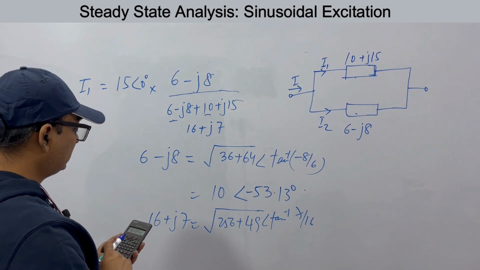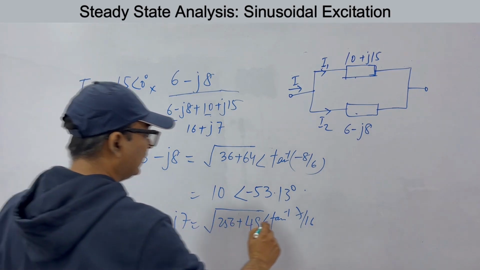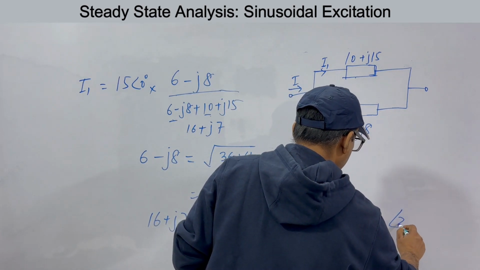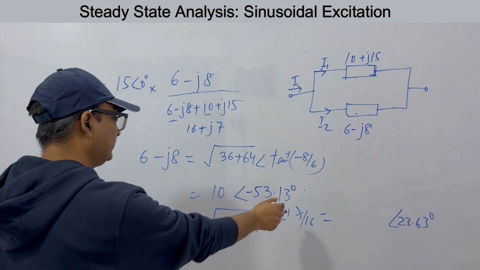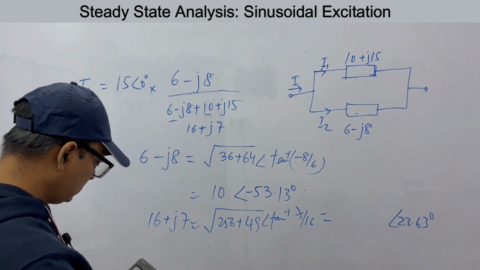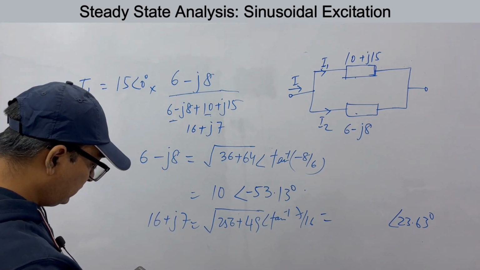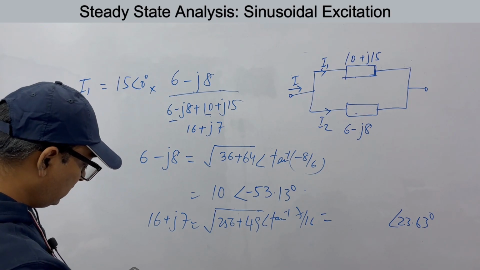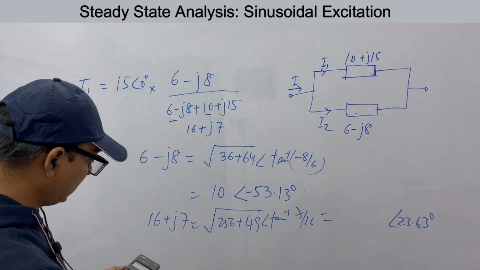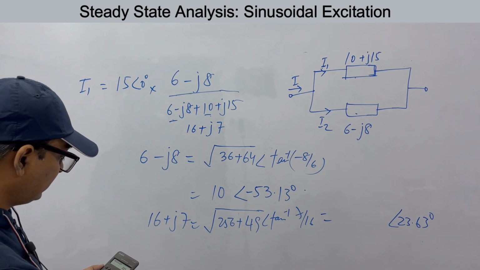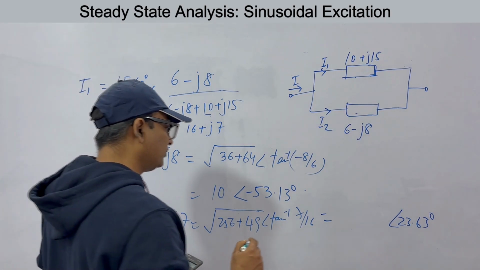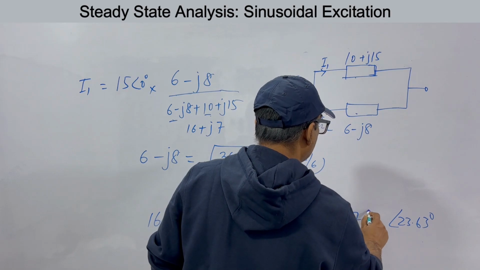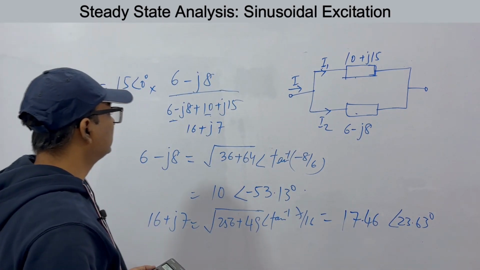It is 23.63 degrees positive. And 256 plus 49 is 305, and the root of 305 comes to 17.46. So this is 17.46 angle 23.63.